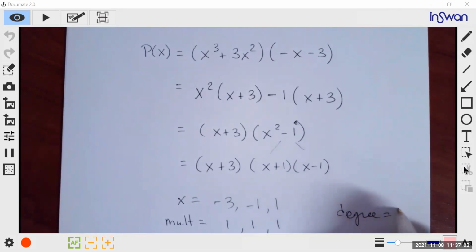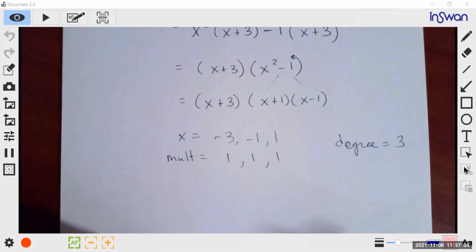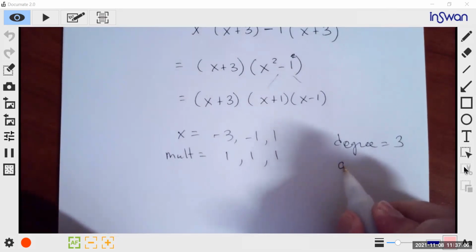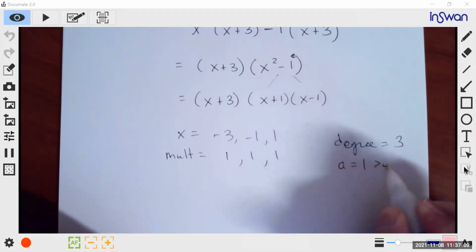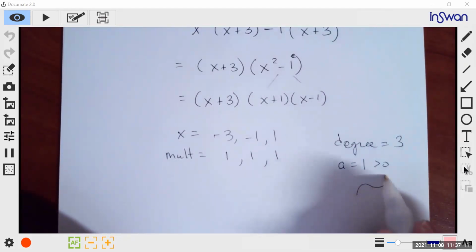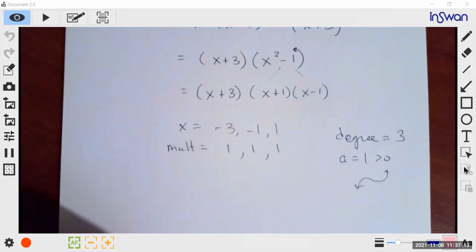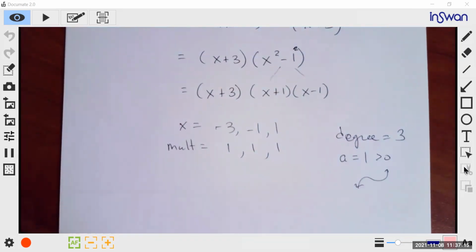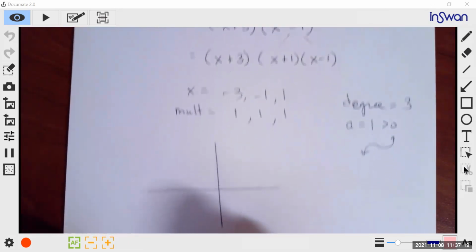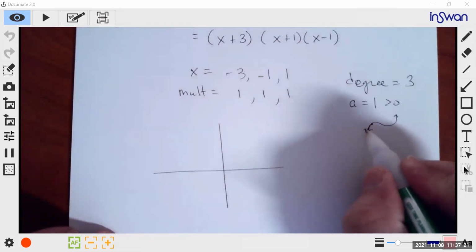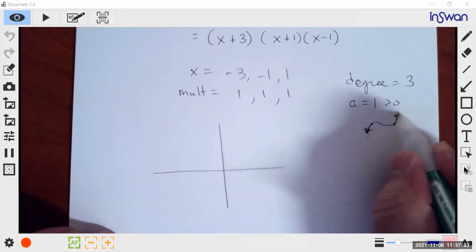The degree of the polynomial is 3. And the a is 1, which is greater than 0. So the graph will look something like this. From the left it'll go down. From the right it'll go up.